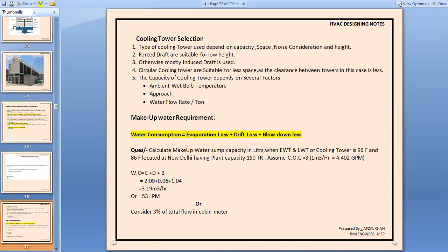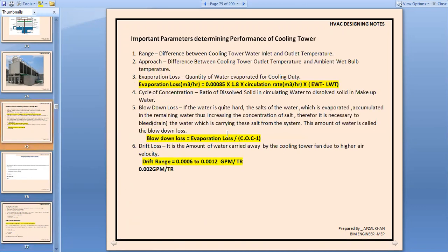So we multiply 0.002 into 150, because 150 is the capacity. We are getting 0.3. And for blowdown loss, once you know the evaporation loss, divide it by COC minus 1, and you will get the blowdown loss.